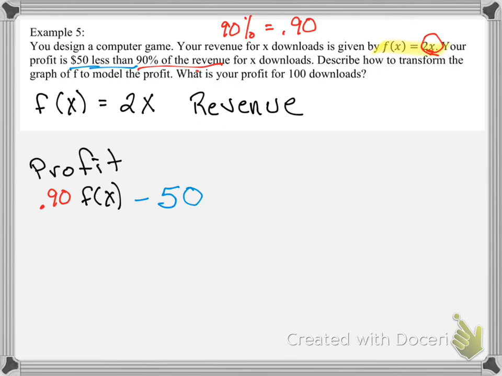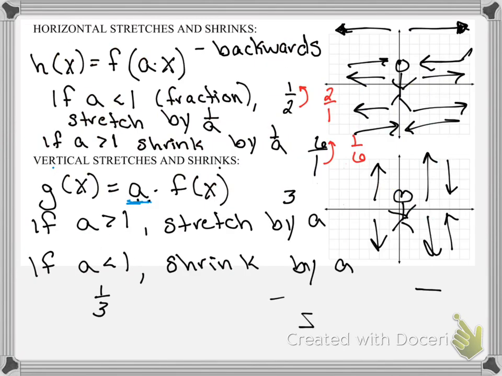So if you notice here, this negative 50 is going to shift this down 50, because it says to describe how to transform the graph of f to model the profit. So we'd have to go down 50. And then I'm multiplying out front by 0.90.